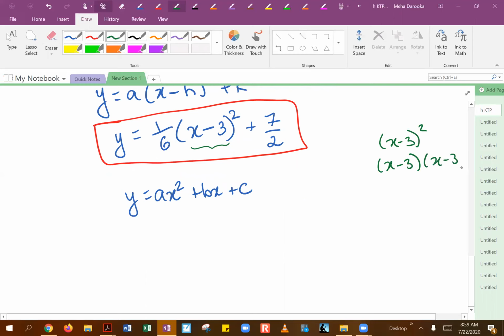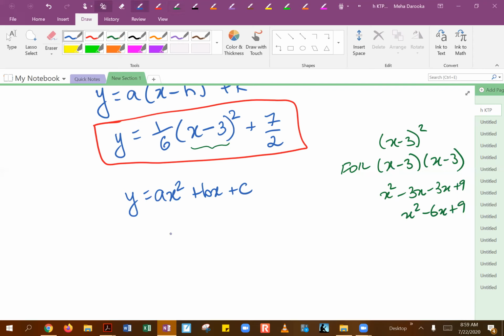So you would go ahead and take that x minus 3 squared, do a FOIL on these two parentheses, which would end up giving us x squared minus 3x minus 3x plus 9, which is basically x squared minus 6x plus 9. So you would first have to expand that out.